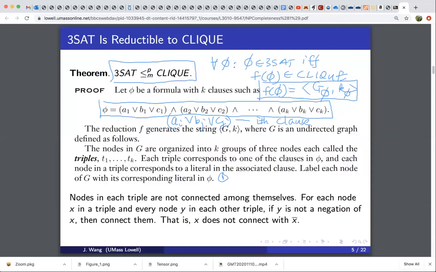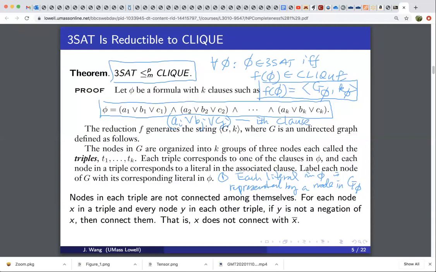That means that each literal in the formula is represented by a node in G sub phi. And then we want to make connections, make edges between these nodes.